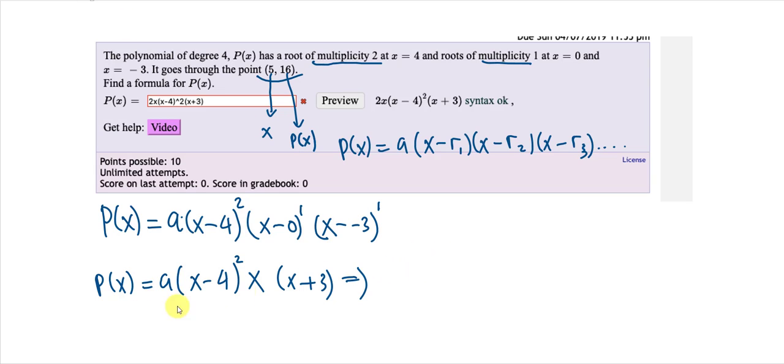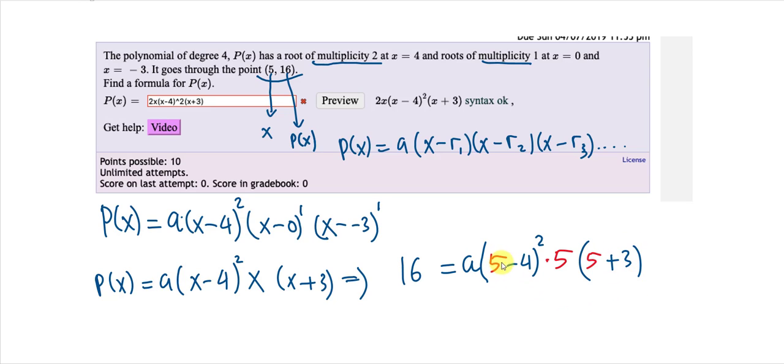So I know that p of x is equal to 16, so I have 16, right, equal a right here. Now x now becomes 5, so 5 is the x, subtract 4 squared, x here again is 5, and then multiply x now is also 5 and plus 3.